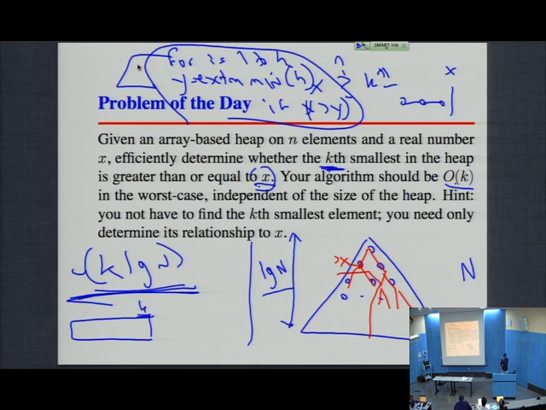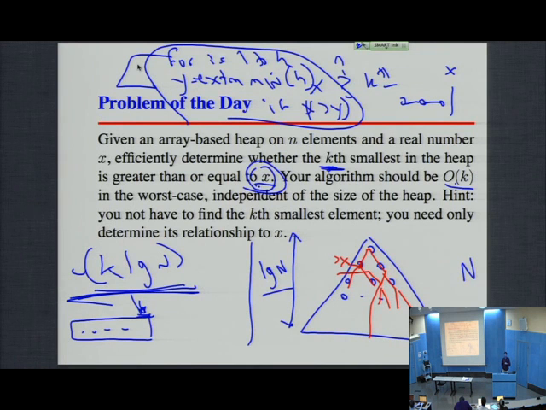Okay, so this is an interesting idea here. What she's saying is, don't find the first k elements in the heap. Compare each one to x and look at each one. If you are less than x, that's one guy that's less than x, so I'm going to bump up my counter.